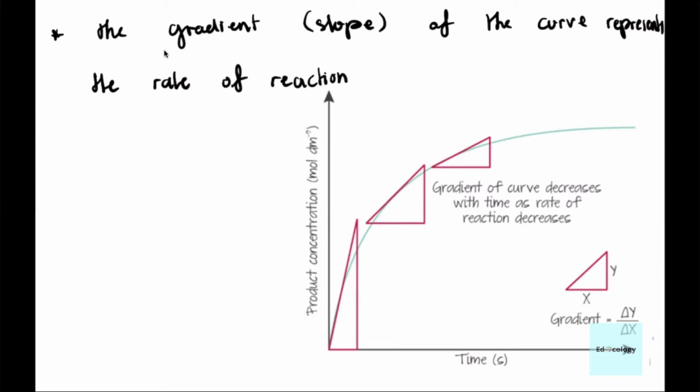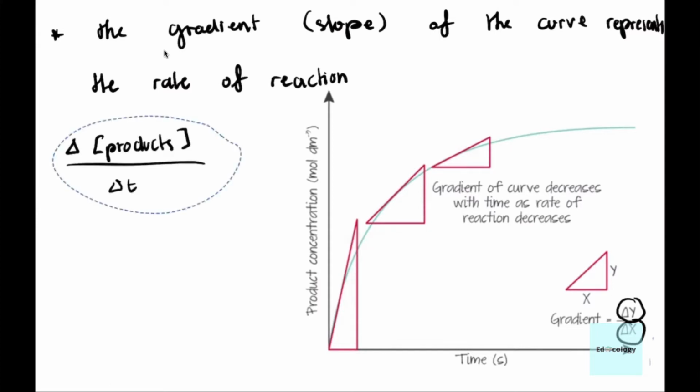So it is very important for you to understand the reason as to why that is. When we talk about the gradient, it is change of y over change of x. And in this graph here, it is basically the change in product concentration over the change in time, because x here represents time and y here represents concentration of products.